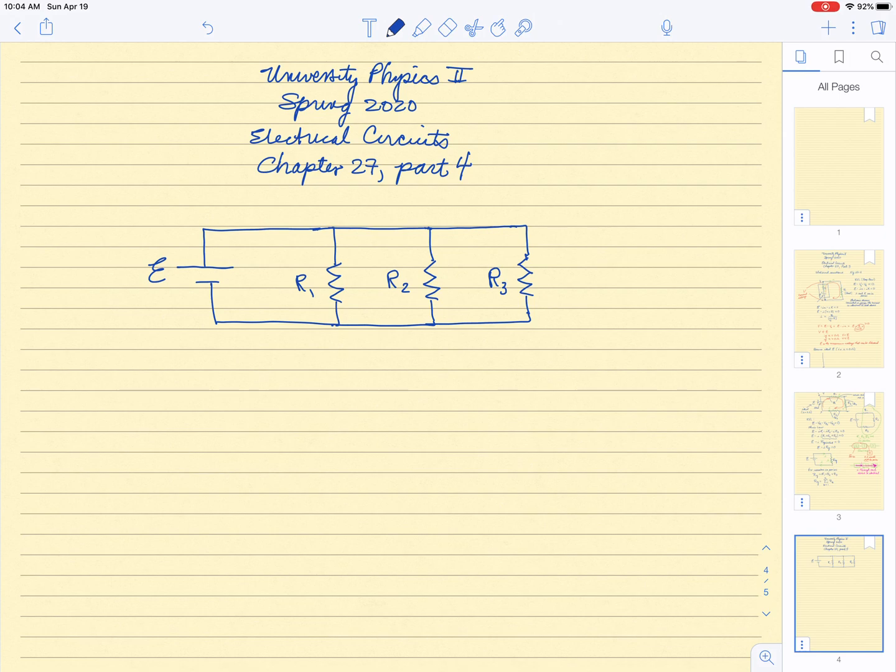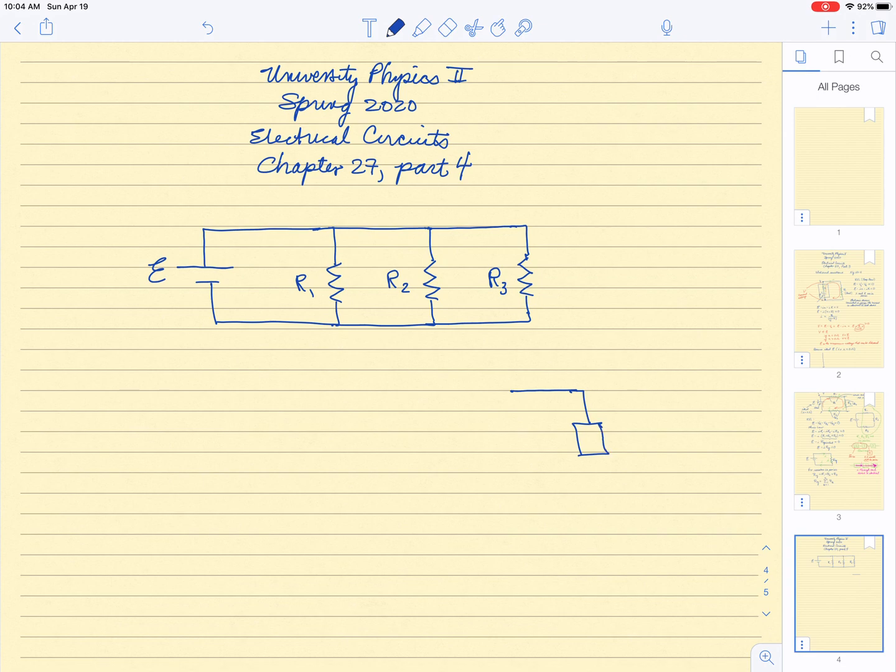So whenever we have this arrangement, and let me draw this a little more schematically, right?